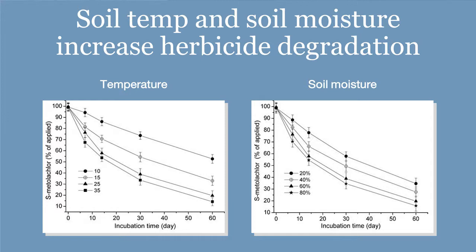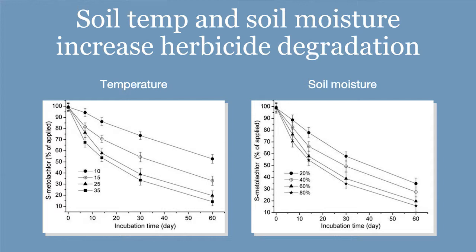On the graph on the right, we have the influence of soil moisture. So this is looking at the amount of water in the soil compared to field capacity. So at 20% field capacity, degradation is slower than it is at 80% field capacity. So if our soil's dry, we're down in the 0 to 10% field capacity, we're not going to get very much degradation at all.